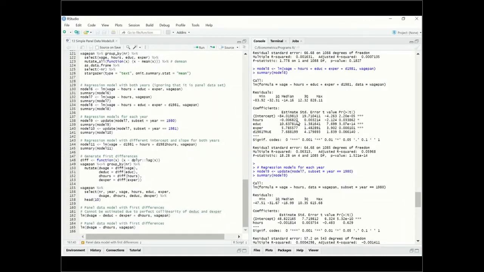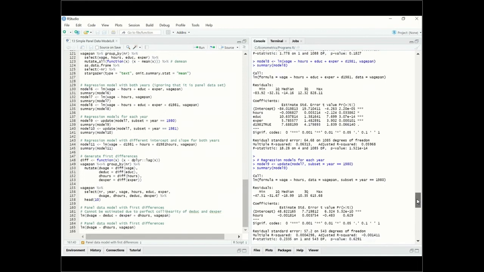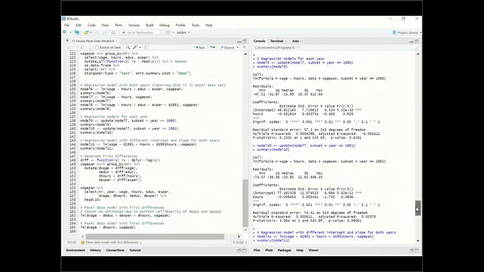We can also estimate models for each year. So here we could be running the model for year 80 and then for year 81. So in the first period of 1980, if we are using the regression model of wage regressed on hours, we have that more hours worked does not affect wages because this coefficient is not significantly different from zero.